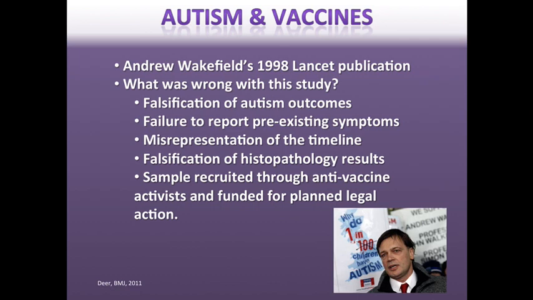There were falsifications related to the outcomes in the study. There was also misrepresentation of the timeline, where in the paper, they didn't report pre-existing symptoms. So the idea of vaccine causing autism is the assumption that the autism occurs after the vaccine.